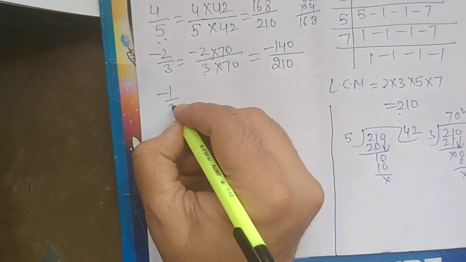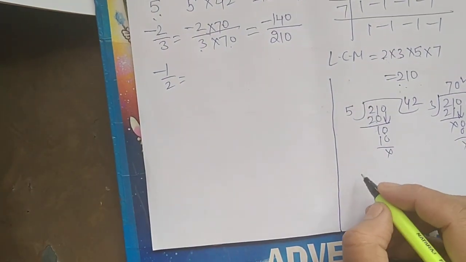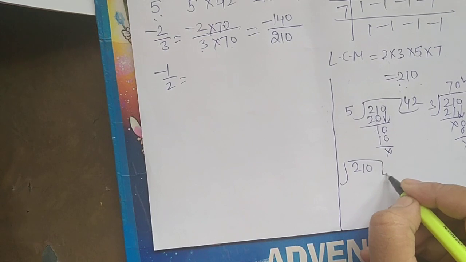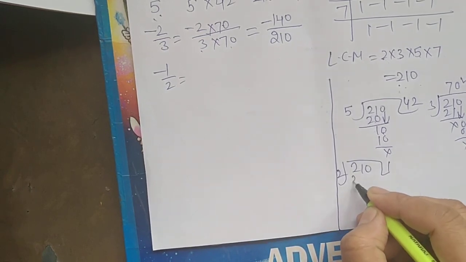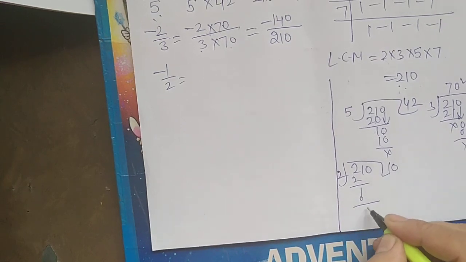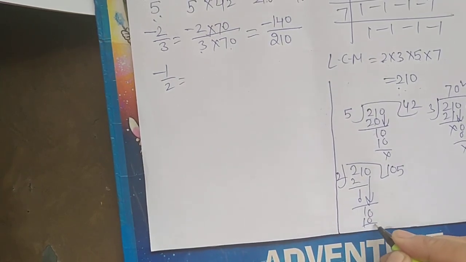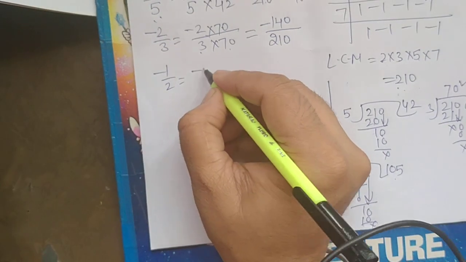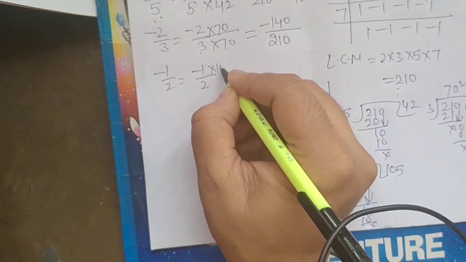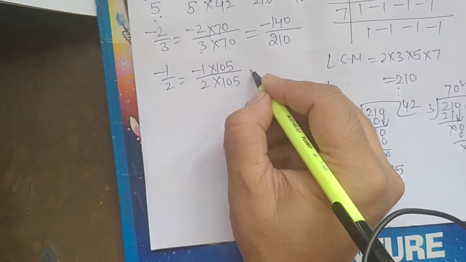Next is minus 1 upon 2. Again same procedure. 210 divide with 2. 2 1s are 2, then 1 is there, so 0, then 0 will come down, 5. So 105 multiply numerator and denominator.